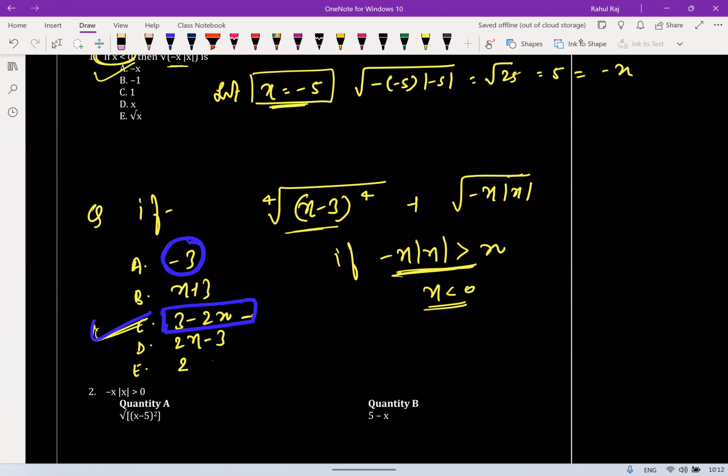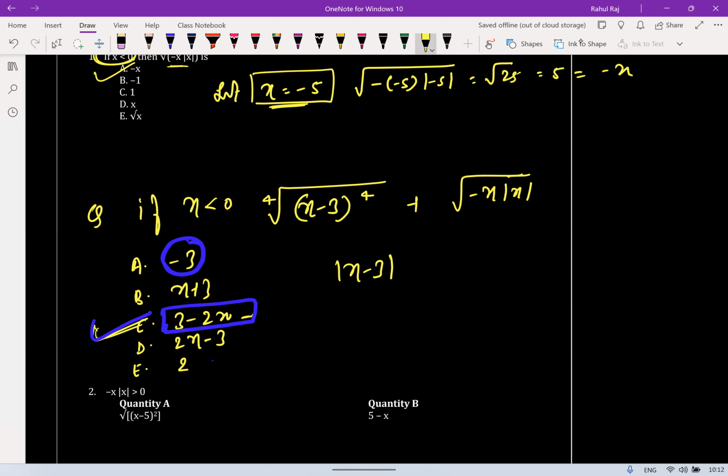Let's see this question below, number 2. Should I do it in algebraic form also? Why do I tell you not to do it in algebraic form? Can I explain once? There'll be a lot of confusion, remember. If I'm doing it by algebra, root of 4, if I take out root, will this come as mod of x minus 3? Because variables coming out of the root have to be inside mod.